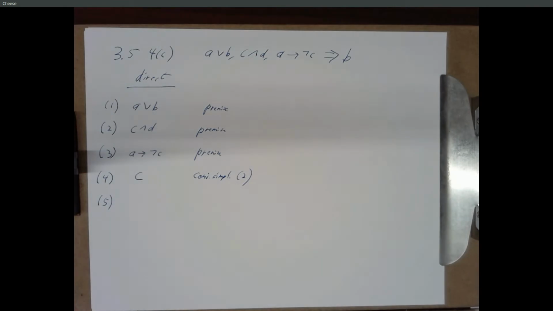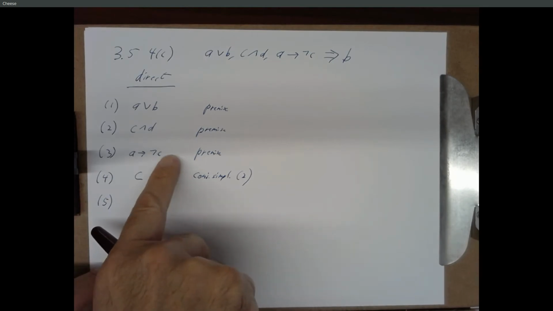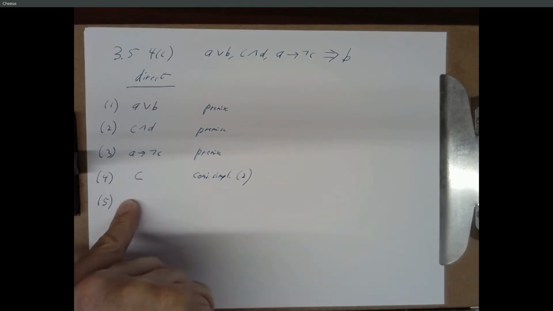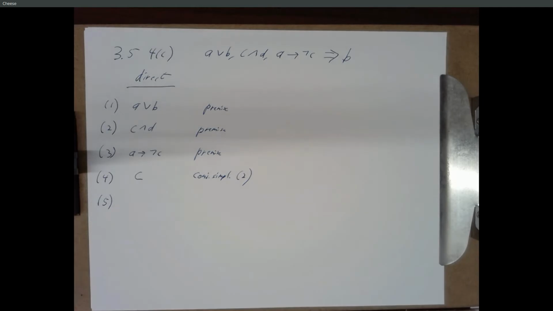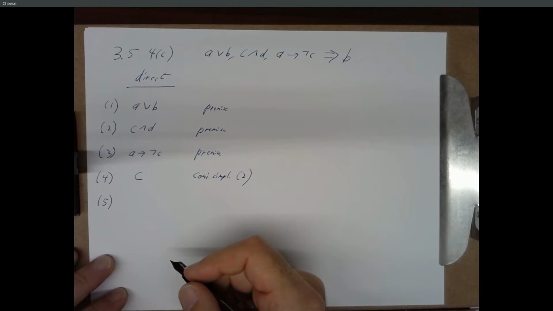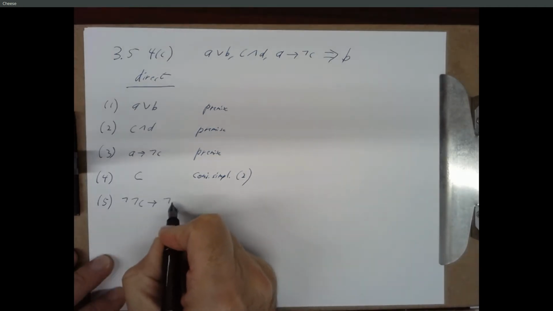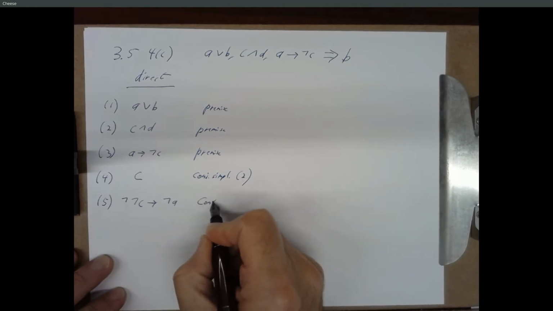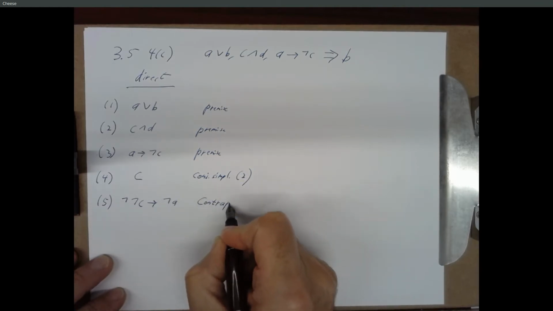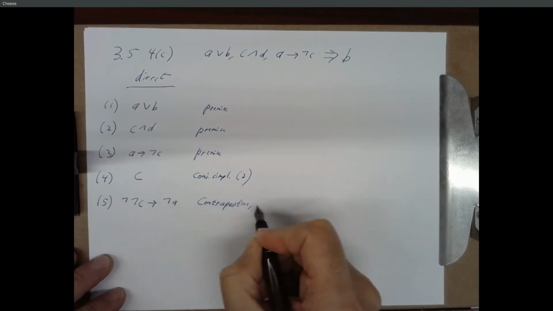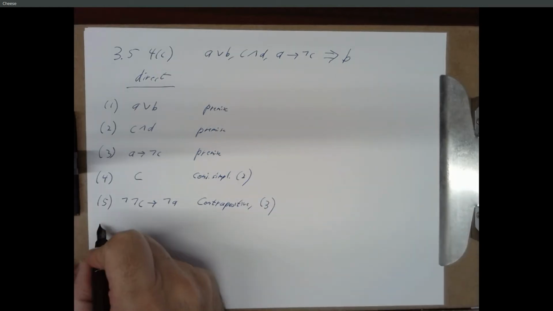So at this point, we can go immediately with indirect reasoning. A implies not C. C is true, therefore A must be false. But let's do this a variety of ways. Let's be a little more explicit about it. We know that A implies not C. We know the contrapositive of that statement is also true, so that's actually saying the negation of not C implies the negation of A. That's contrapositive applied to statement 3.